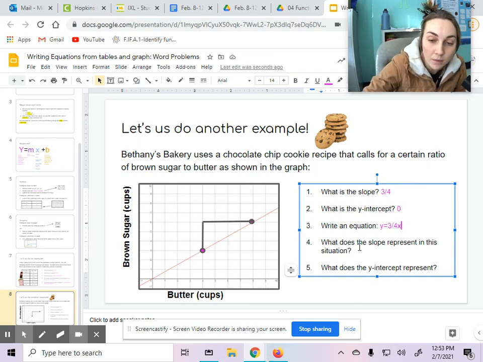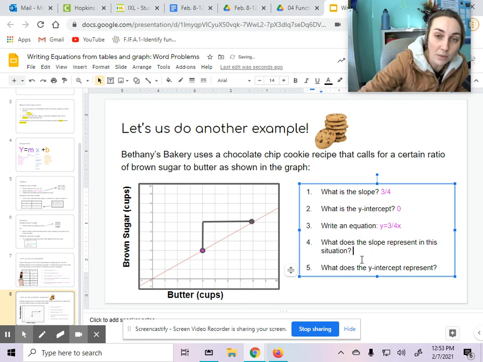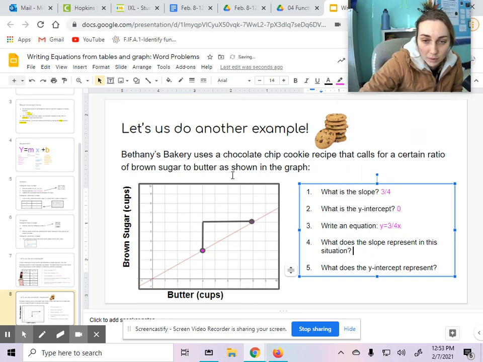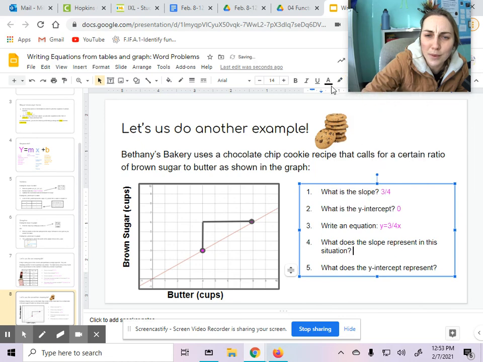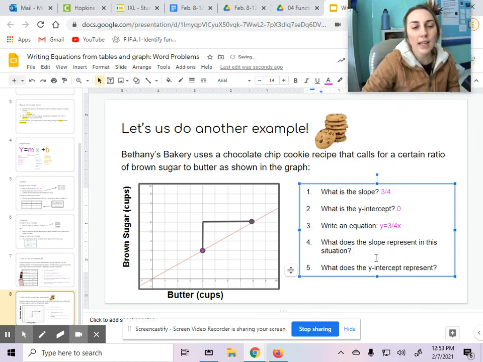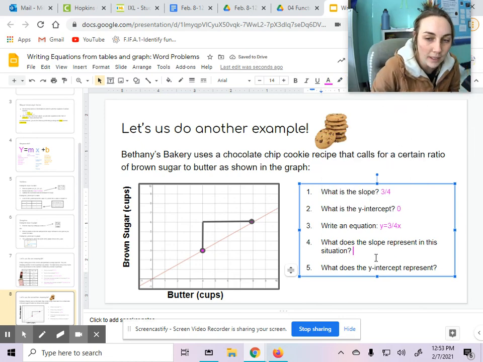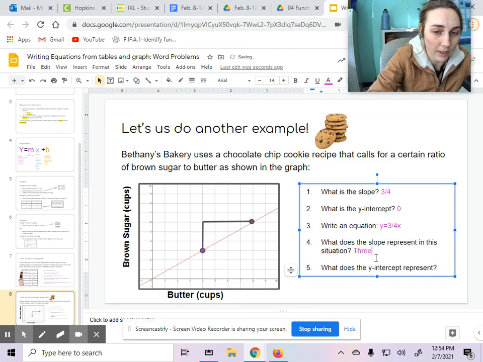Here we need to talk about, well, what does the slope represent in this situation? We're talking about Bethany's Bakery, and the slope here is how many cups of brown sugar to butter. So in this particular case, we need 3 cups of brown sugar for every 4 cups of butter. So that's what the slope represents.